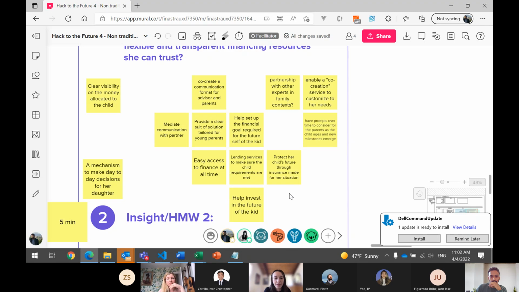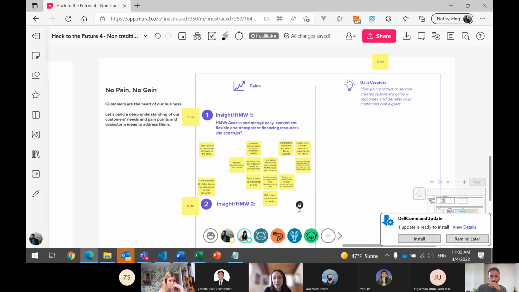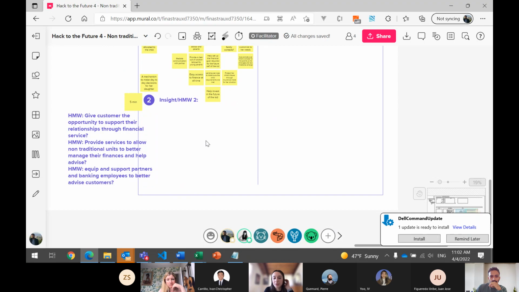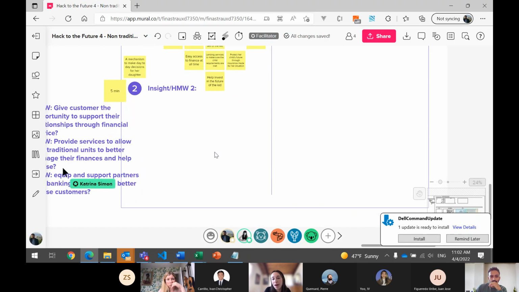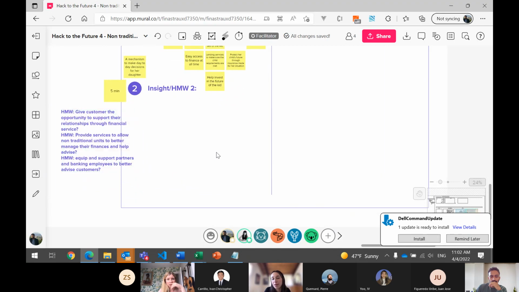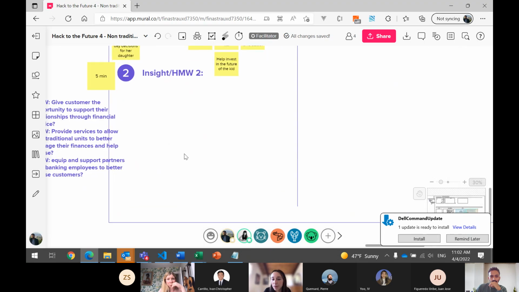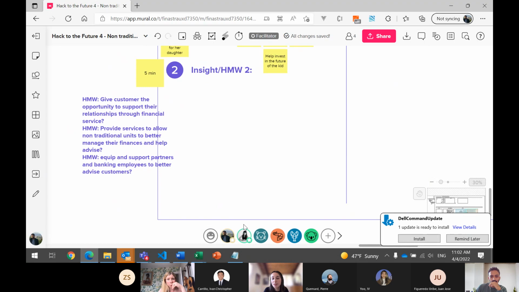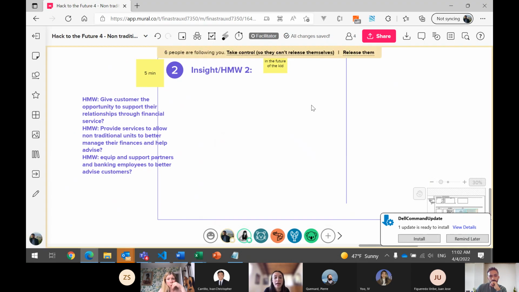Great. Well, why don't we jump to right underneath it, this next section. So thinking about the how might we questions we developed on the bank side. So giving customers the opportunity to support their relationships through financial services, to allow them to better manage their finances, and help advise, equip, and support even just the partners and banking employees to better advise customers.